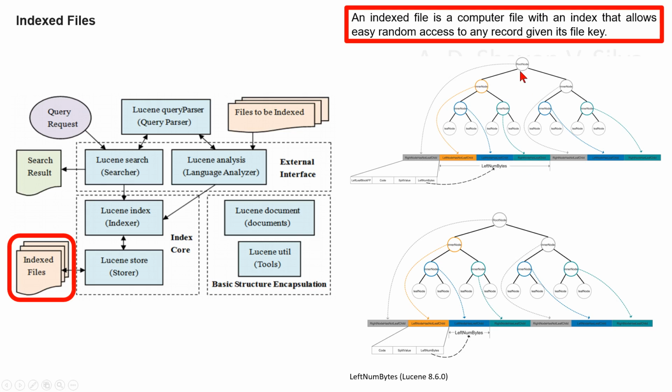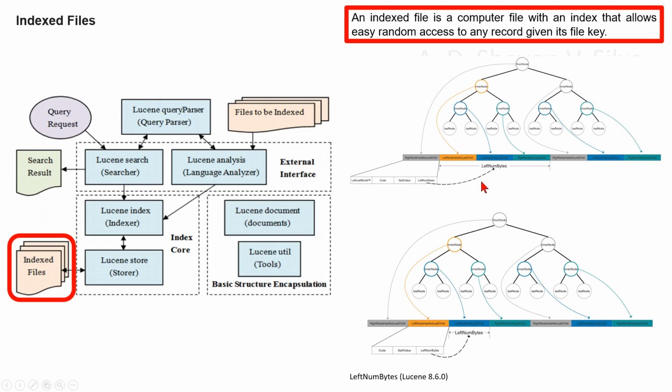Here you can see a root node, and these are inner nodes, and you can see leaf nodes here. Here the root node is connected to the left node, which has no leaf child, and it consists of left leaf block FP, code, split value, and left num bytes.